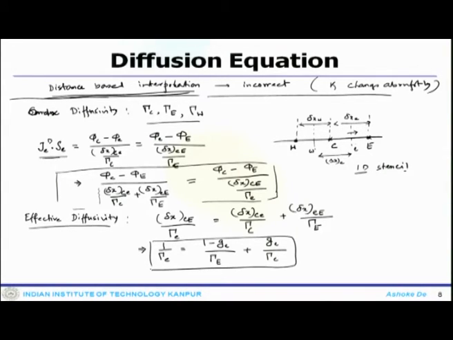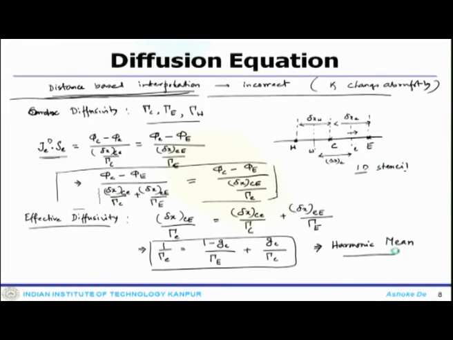Okay. Now, this essentially looks like a harmonic mean. So, the previous case which we have derived was the arithmetic mean, but in this case this gives rise to the harmonic mean.